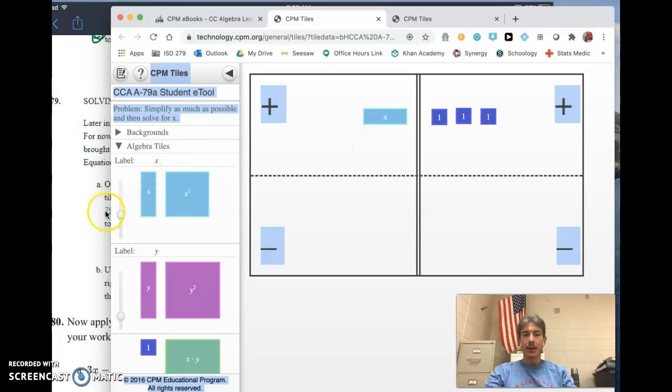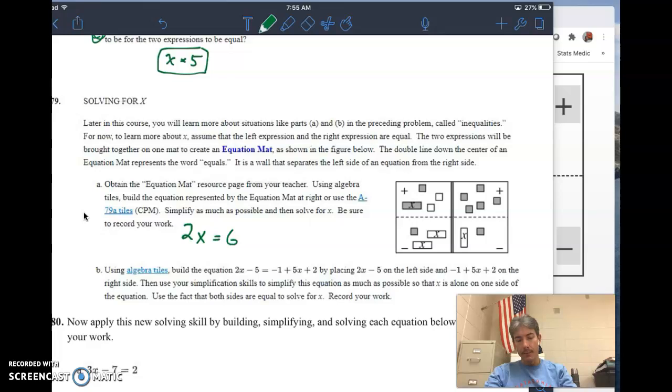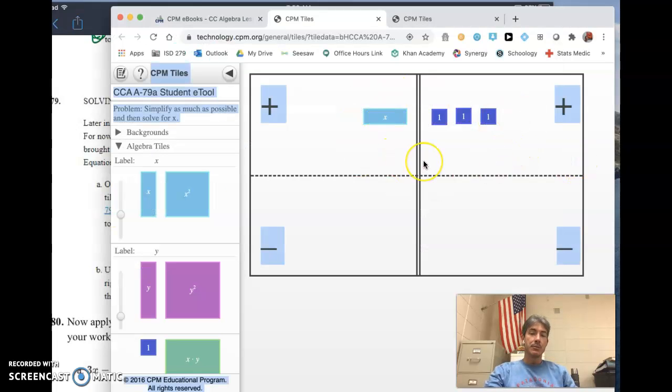I have x equals 3. Let's take a peek at that work. Here's my solution. x is going to be 3, and that process is just the division by 2 process. And sure enough, 6 divided by 2 is 3. So there's another benefit of algebra tiles, specifically for the purposes of solving an equation.